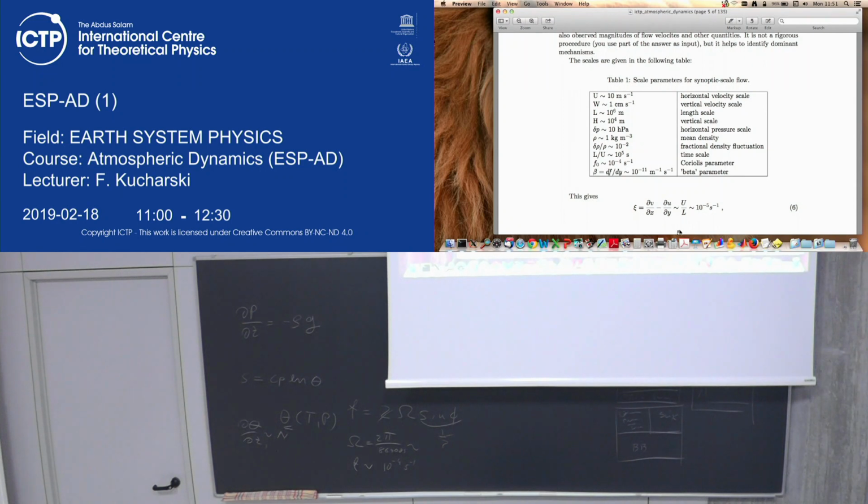If you insert this number to evaluate the vorticity, what you have to do in the scale analysis is say that vorticity scales as the change of velocity divided by the change of length of our flow scales. So that's U over L, and that then becomes just 10 to the minus 5. Interestingly, the relative vorticity is one order of magnitude smaller for our large scale flow compared to the planetary vorticity.